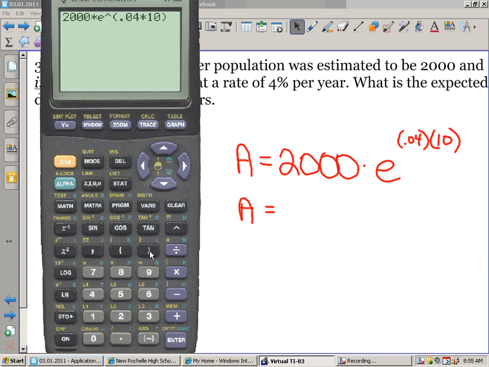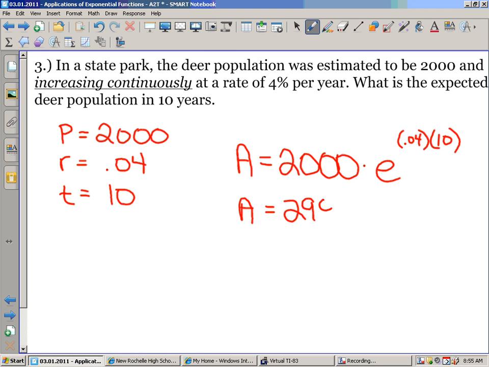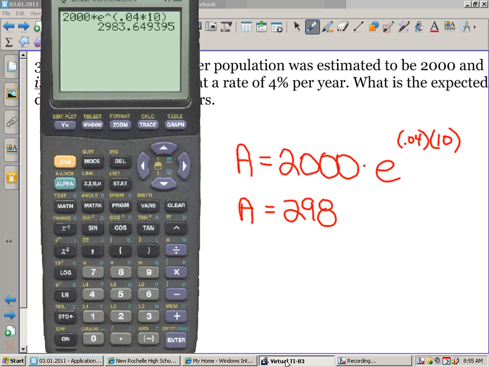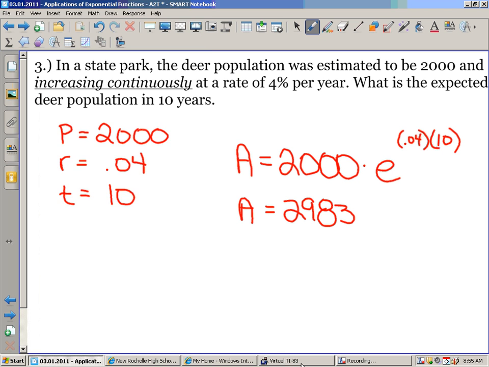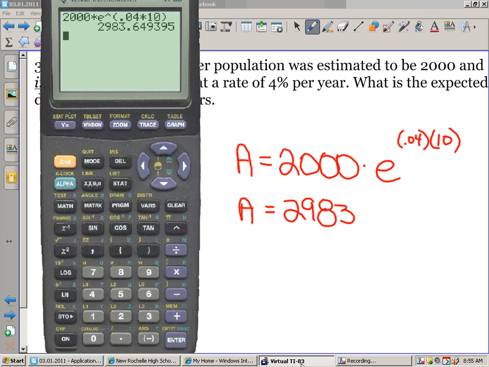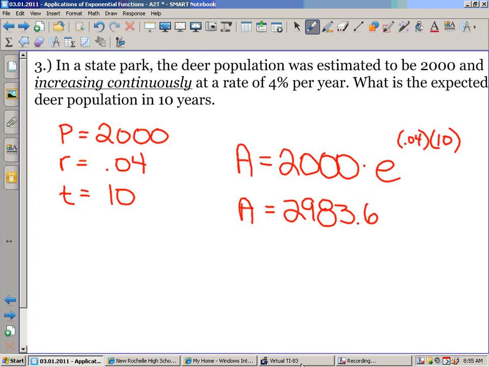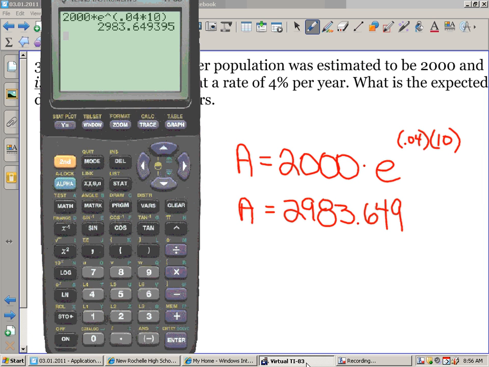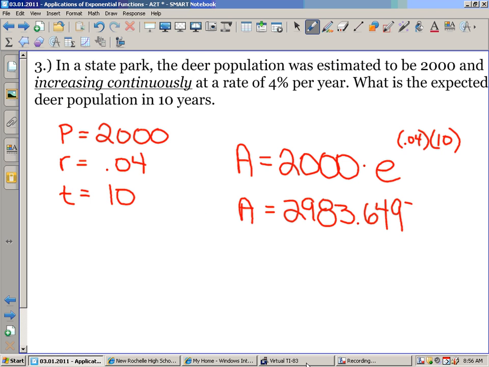Yeah, you could also plug in 0.4. There's going to be like 3,000 deer there. That's a lot of deer. 2983.649. Unless they tell me to round, I'm writing this thing down like this. And that's it.